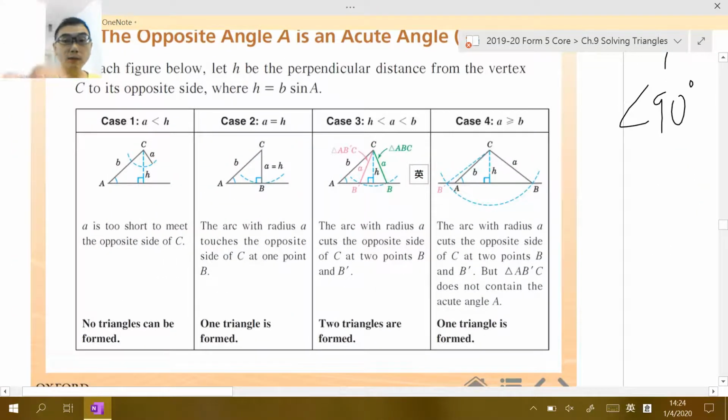But the most important thing is that I would like you to focus on the third one. For these four cases, the first, the second and the fourth can be easily seen using the formula. But the third one, you usually ignore.